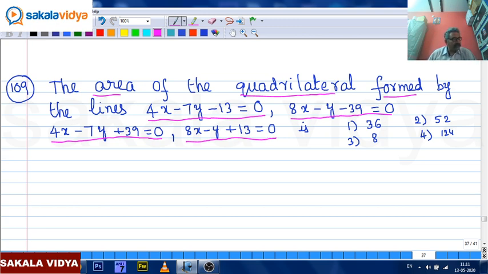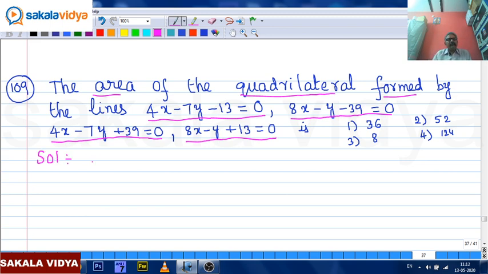So whether the quadrilateral may be a rectangle or square or parallelogram or rhombus, the formula is the same. You remember this required formula.